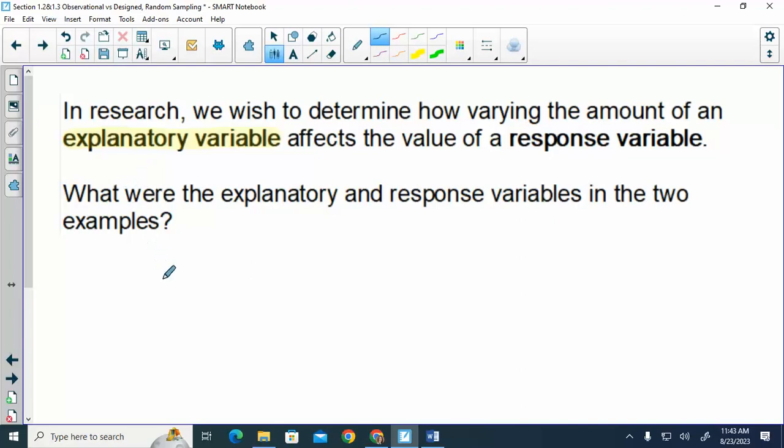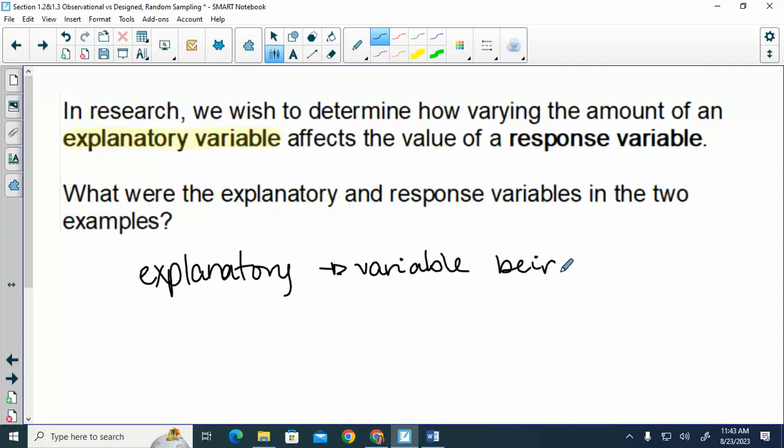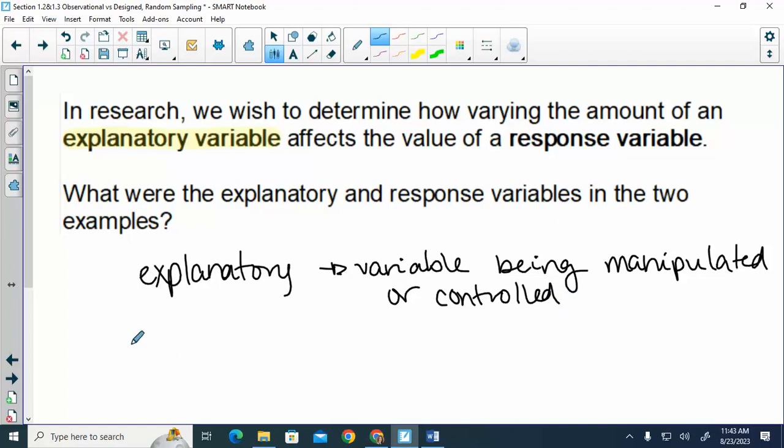So for your definition, explanatory variable, that is the variable being manipulated or controlled. The response variable is the outcome being measured.